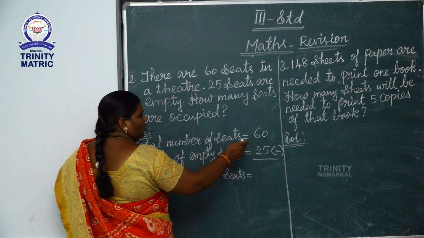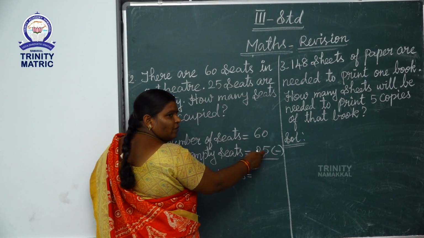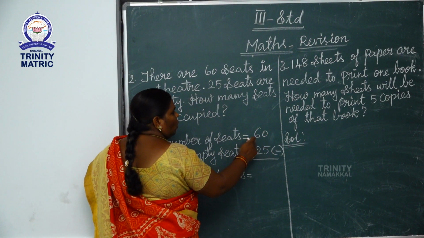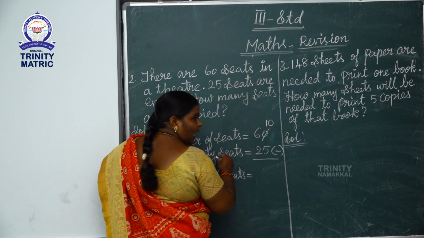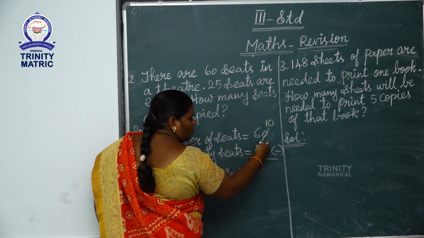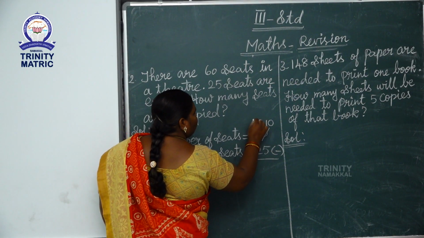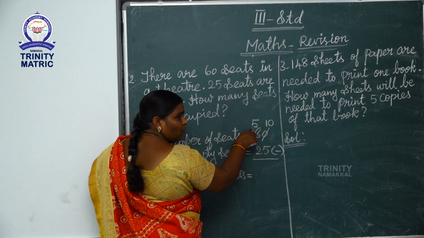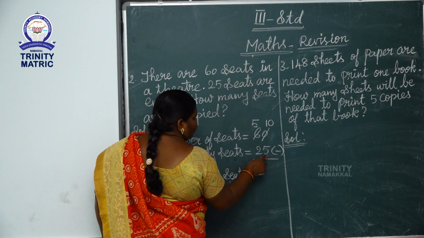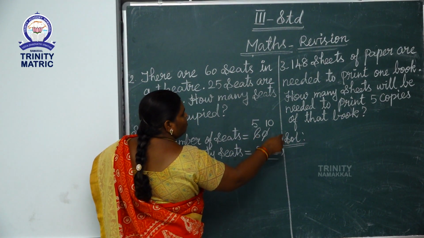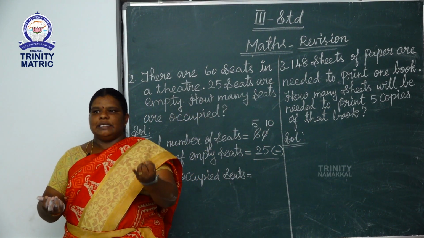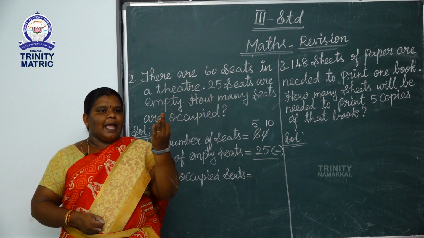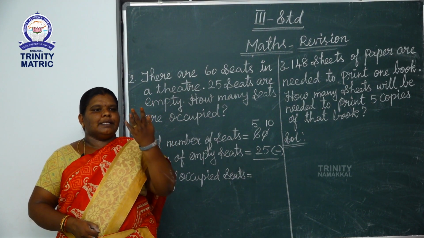Okay, listen. You subtract 0 minus 5. You cannot, so you borrow 1 ten. So you have 10 here. The tens place already gave one, so you have 5 tens. After 5, you count up to 10. 5 after 6, 7, 8, 9, 10.